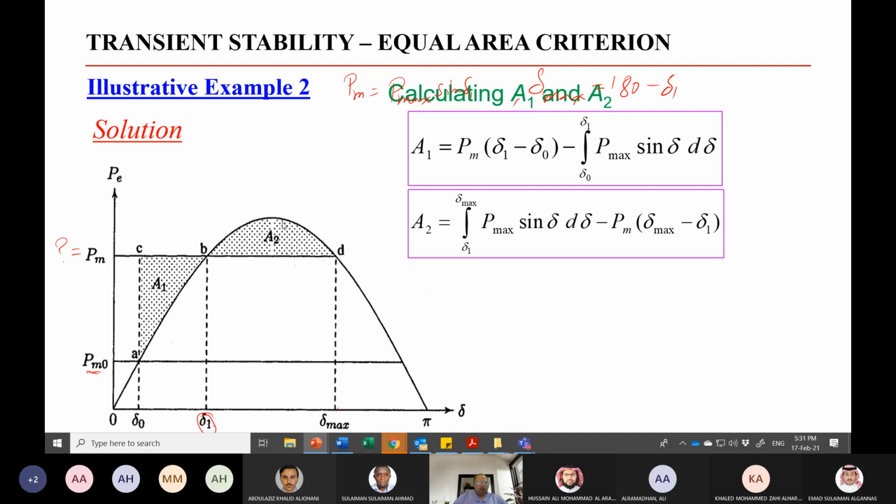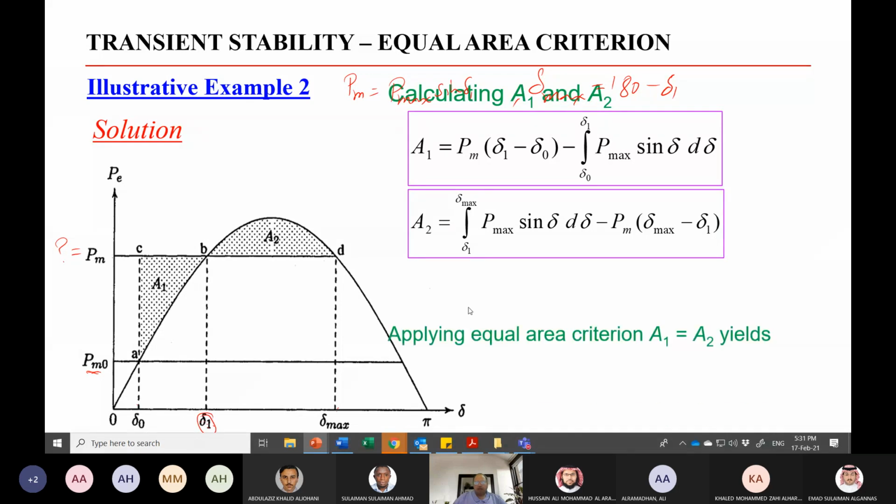And A2 is the integration from delta 1 to delta max of B electrical minus B mechanical, this rectangular area, which is B mechanical times delta max minus delta 1, which is expressed also in radian, these angles.